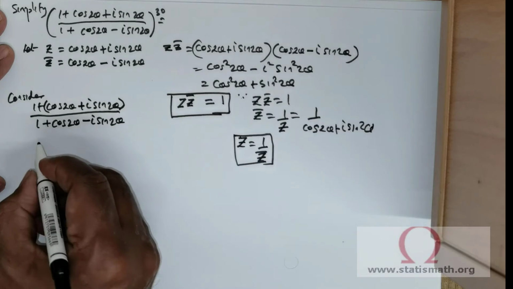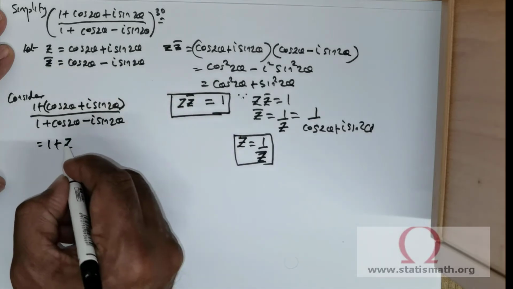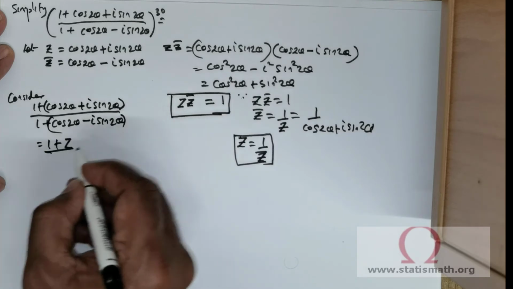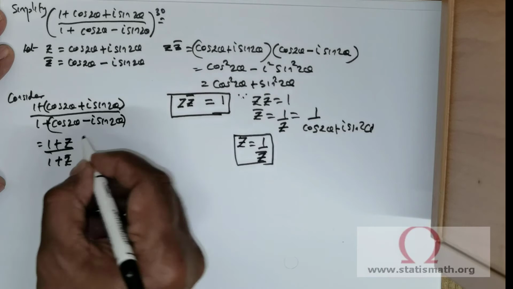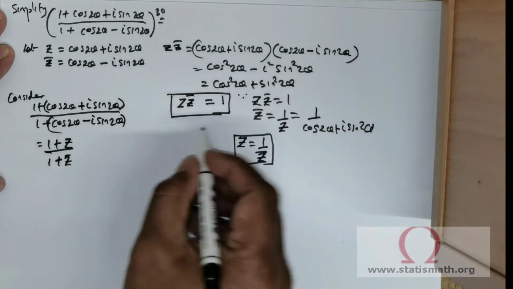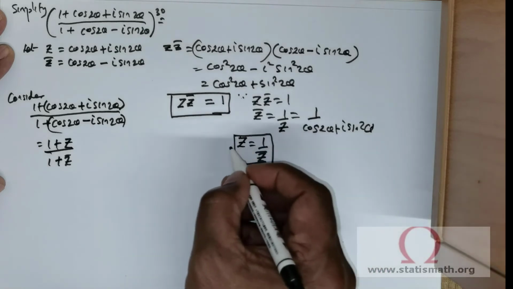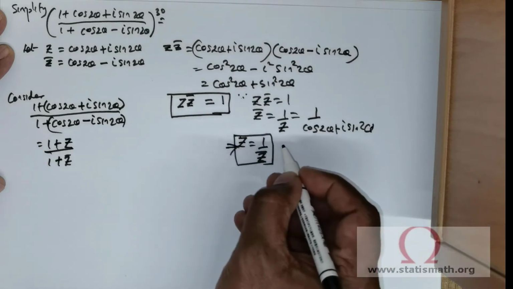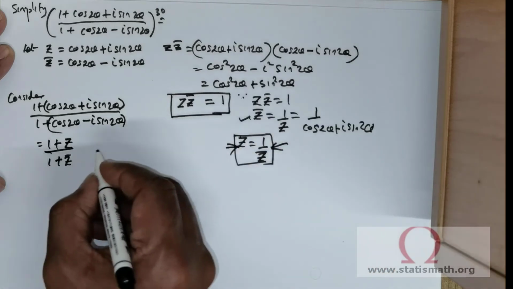This is clearly z, right? We have taken z to be this. And what is this? This is clearly 1 + z bar. Now, from here, we have got z bar to be 1 over z. I'm not using the other result, but I want to use this result: z bar is 1 over z.